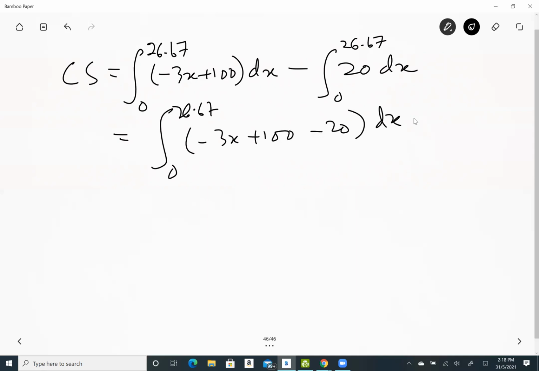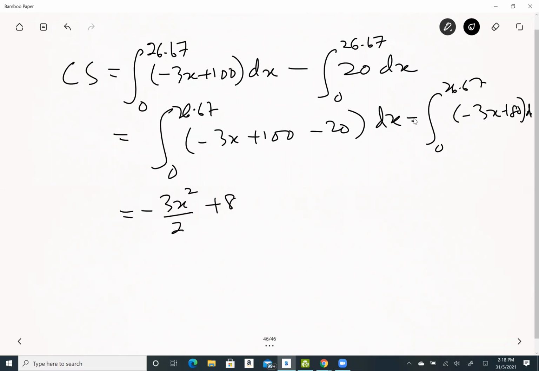That will be equal to the integral from 0 to 26.67 of negative 3x plus 80 dx. So what is the integral? The integral is negative 3x squared over 2 plus 80x, and then evaluate from 0 to 26.67.